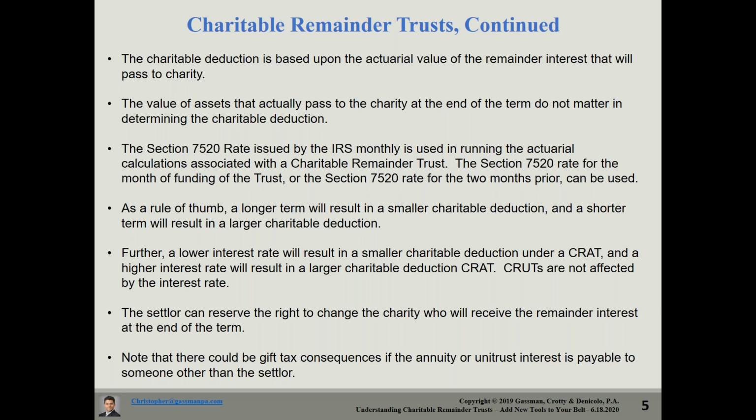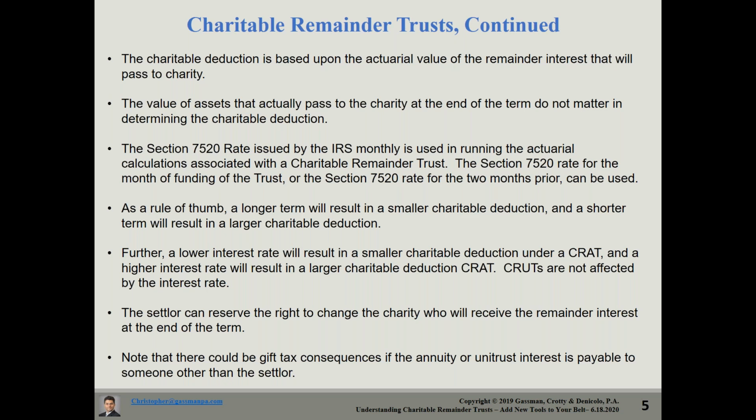Tiger Tables is one, Number Crunchers is another program, where you just punch in all the inputs and it spits out exactly what the charitable deduction amount would be, the amount that's actuarially expected to go to the non-charitable beneficiary versus the charitable beneficiary.